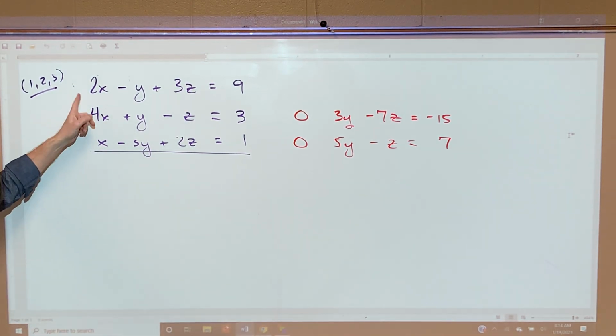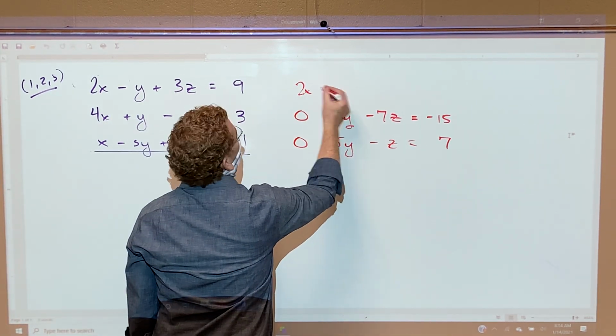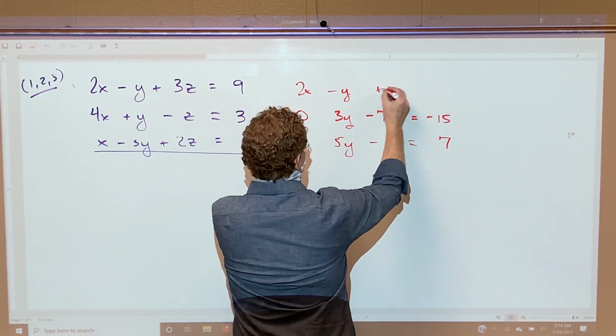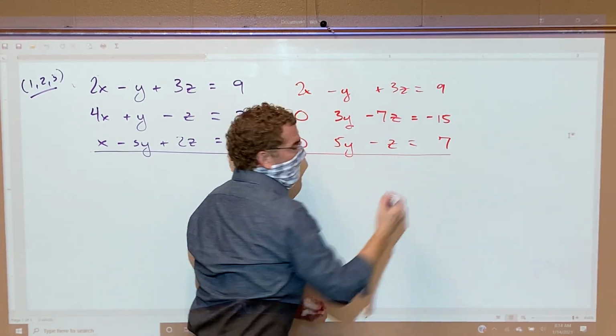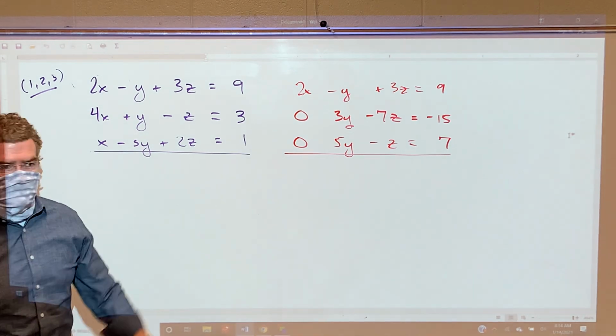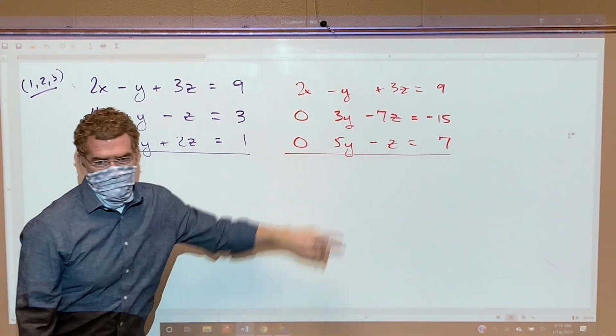And then I'm just going to carry this first row over. So 2x minus y plus 3z equals 9. And the first step of my Gaussian elimination is finished, right? 0, 0. Now I want that to be a 0.